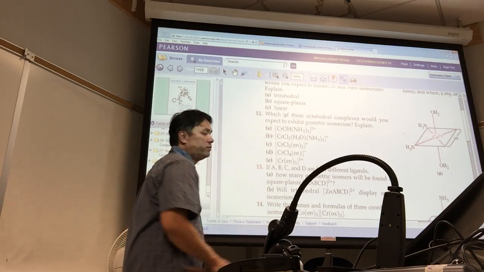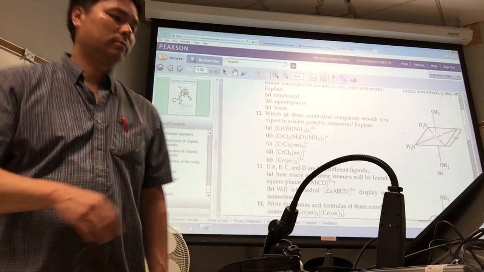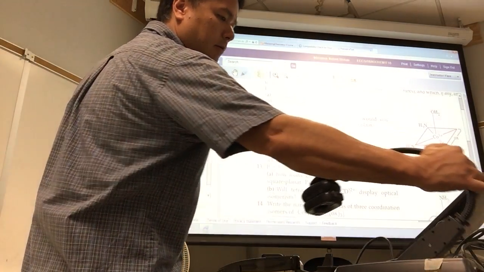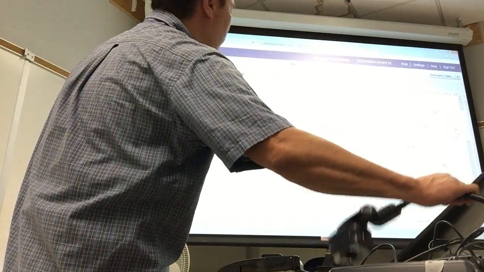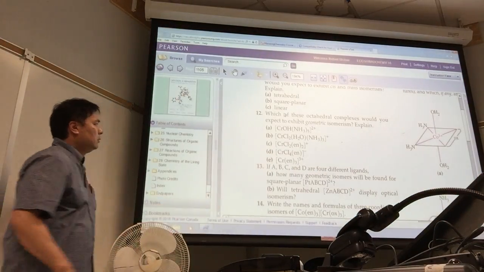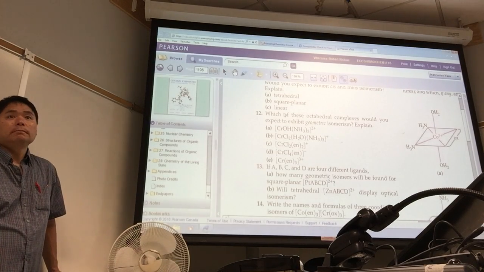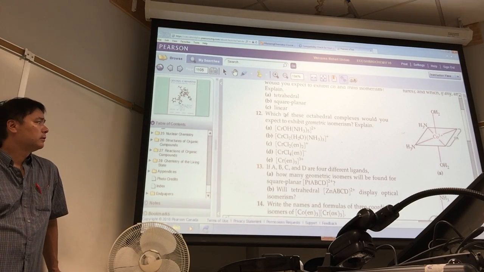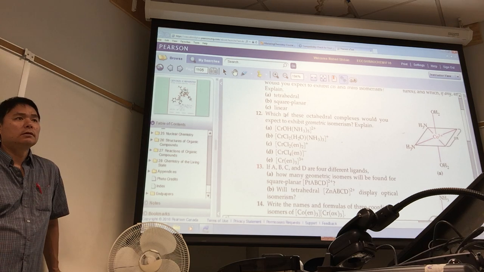How about this one? How would you name that? Tetra. Is it tetrachloro? Yes, tetrachloro.